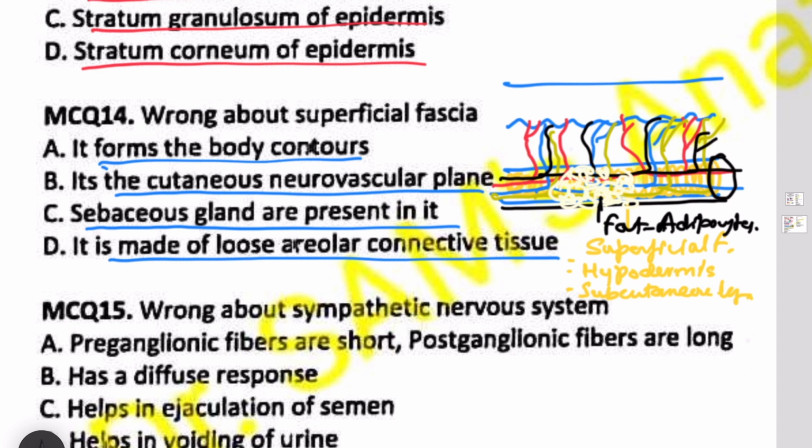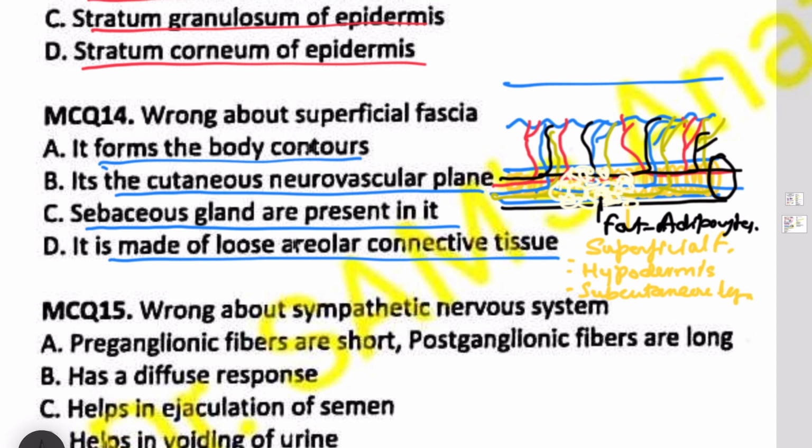The amount of fat is differentially distributed in both sexes. It's more in the arms, thighs and buttocks in females, apart from the breasts. And in males, there is more of a pendulous abdomen, with more distribution of fat around the abdomen. So that gives the body contours.